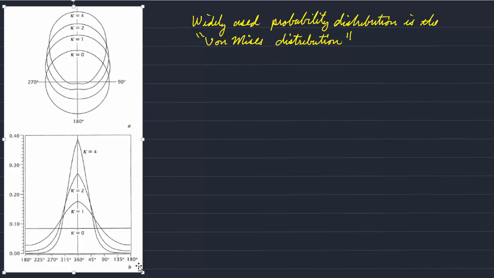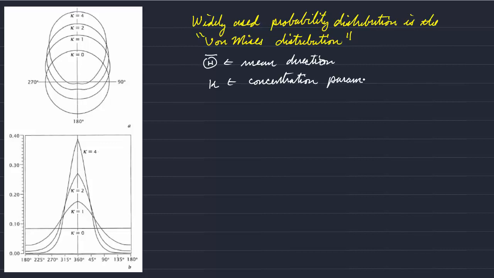Now, the two parameters that characterize the von Mises distribution are the mean angle, theta bar, and then kappa, which is the concentration parameter. And that controls the spread of the distribution.